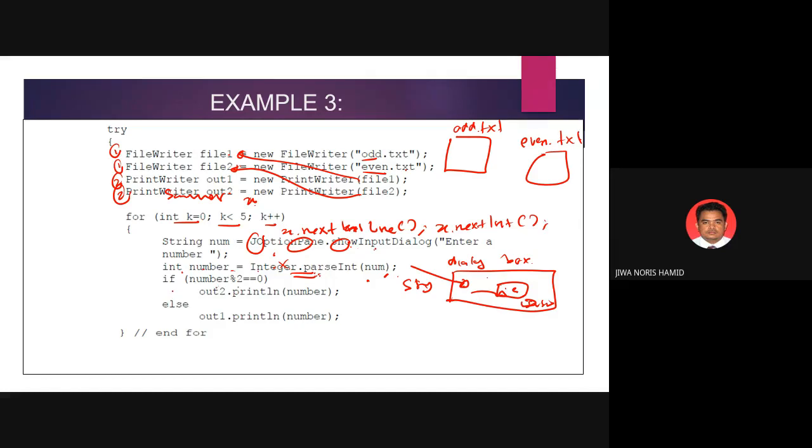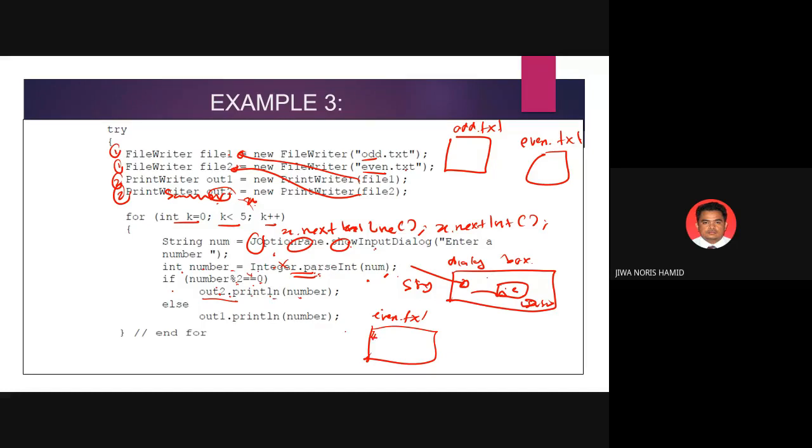If number percent tu kita nak cari remainder kan, kita nak cari baki, nampak tak? Out to refer to what? Refer to this one. So maksudnya this is a file to refer to even.txt. Bila you buat out to print ln number, maksudnya katakanlah dekat sini 4 tak ada baki kan, so it write 4, dia akan simpan 4.